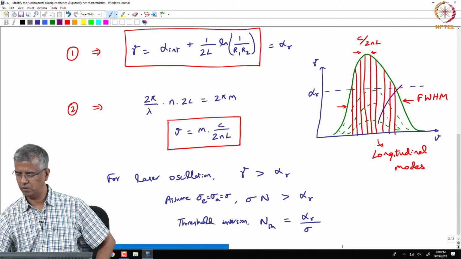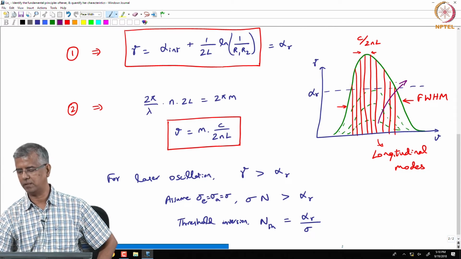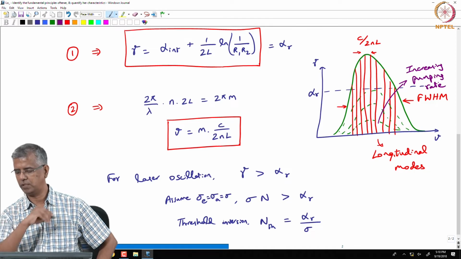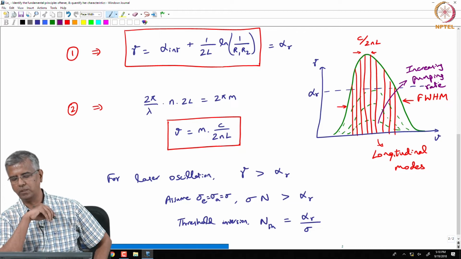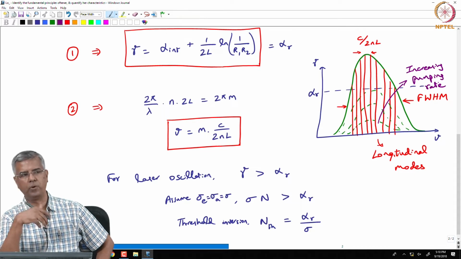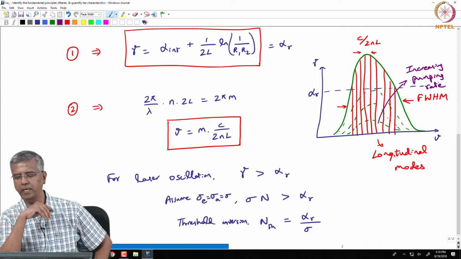rate, right. So, what we are looking at is increasing pumping rate. As we have increasing pumping rate, you get over this condition where you get over the loss inside the cavity.